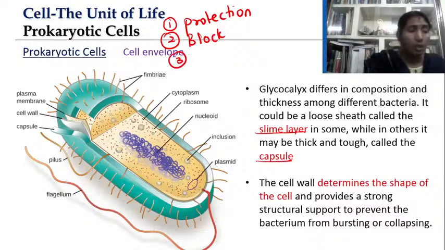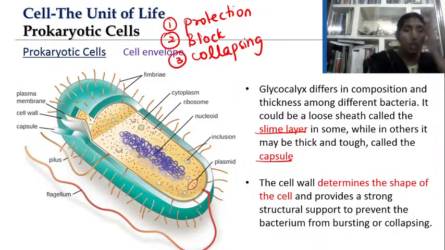Number 3, they inhibit phagocytosis. Sometimes they can even prevent the bacteria from bursting or collapsing. They may also prevent loss of water and nutrients.